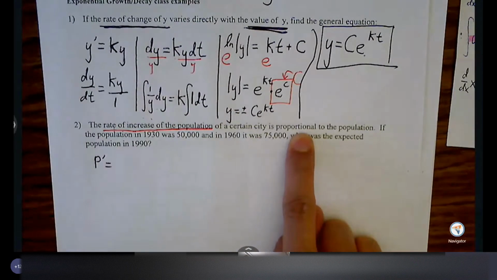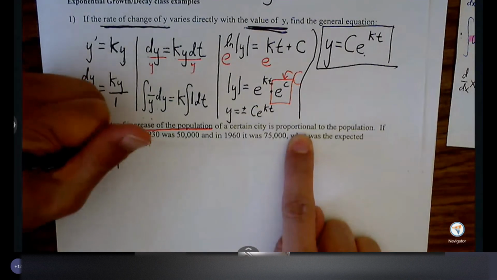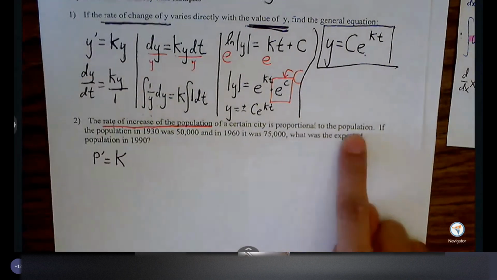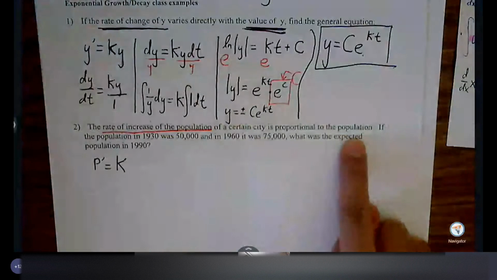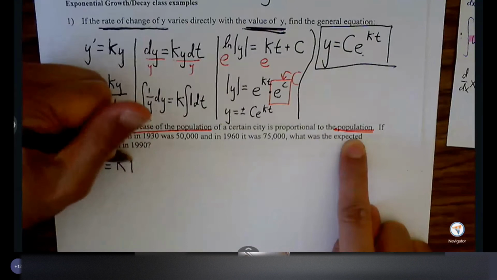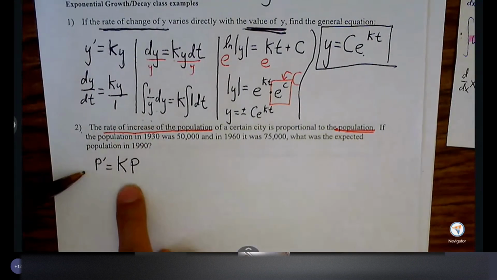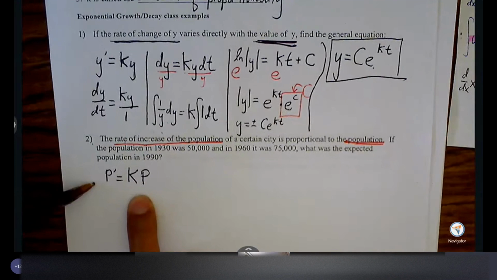So when you see the word proportional, it's understood it's direct proportion. Okay, so it's going to be the form of y equals kx. So p prime equals k times the population. So p prime is equal to k times p. Right, we're just taking the sentence and putting it into equation form.